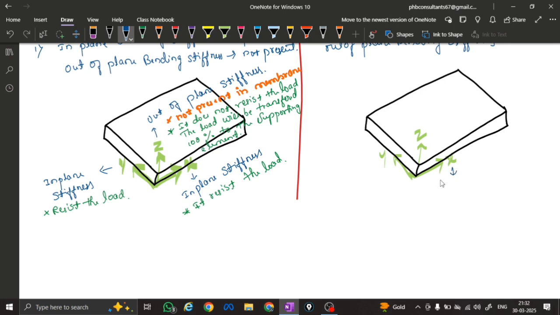This x is in plane stiffness, this y also in plane stiffness, this z is our out of plane stiffness. Okay.